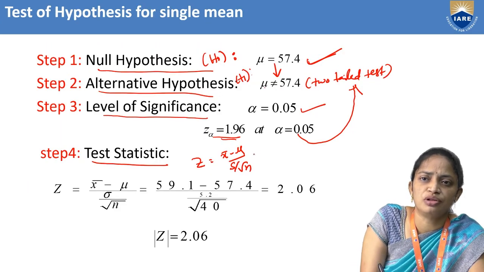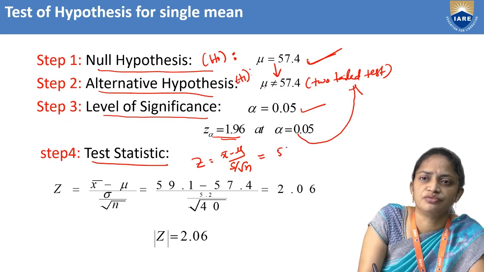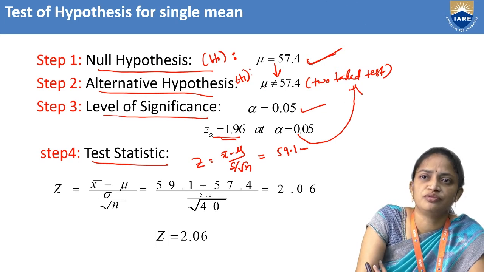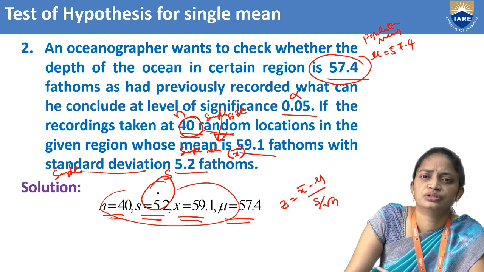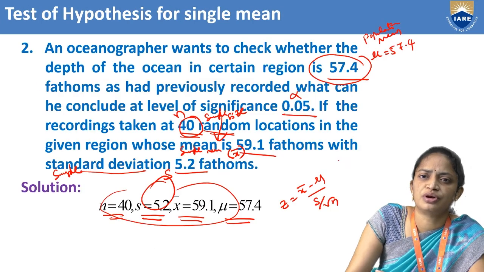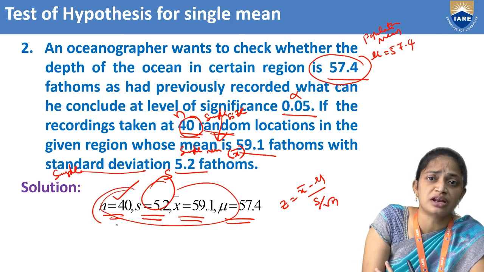Now substitute all those values here. x bar is 59.1, mu is 57.4, s is 5.2, divided by the square root of n, where n is 40. Observe carefully, these are large samples.